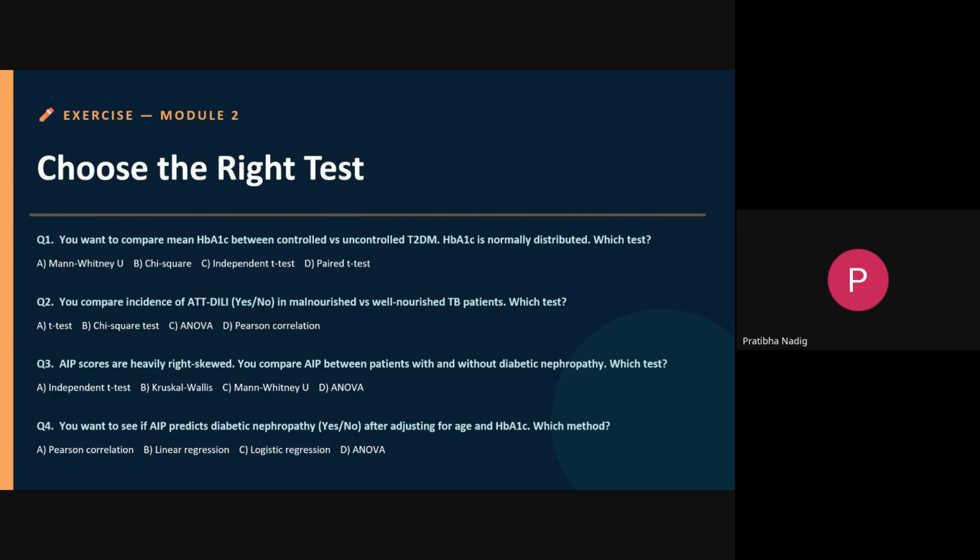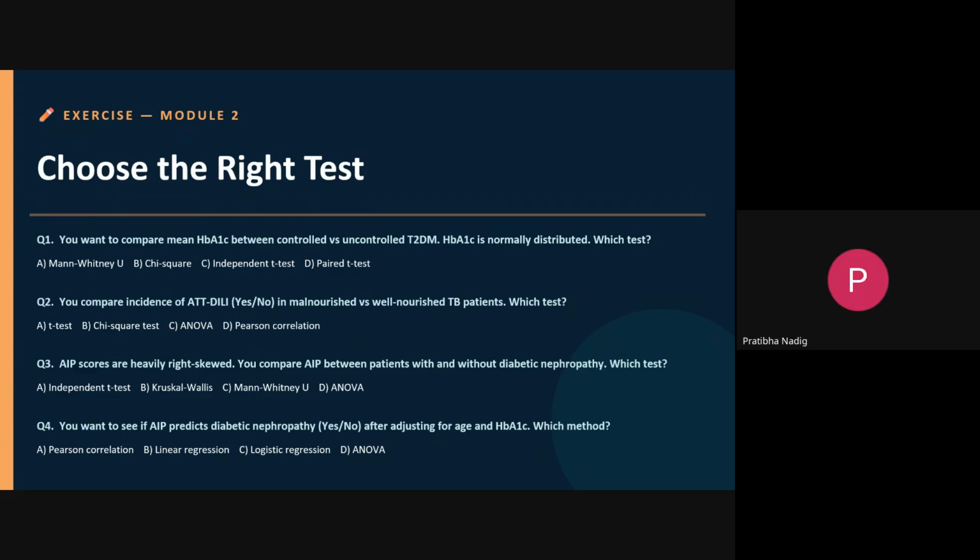The question is whether the incidence of drug-induced liver injury is higher in those with malnourishment, BMI less than 18, as compared to well-nourished TB patients. You're comparing these two groups and you want to find out whether it is associated with malnourishment. Which test would you use? Compare incidence in this group versus the other group. Please remember that this is binary data. I put it in the bracket. So think about it. Which test?